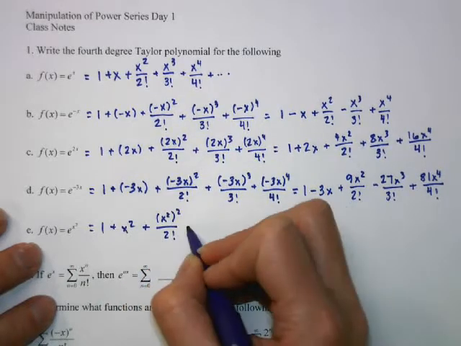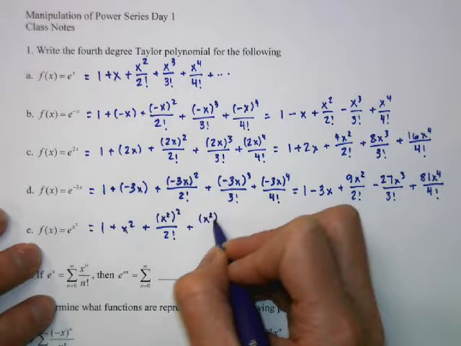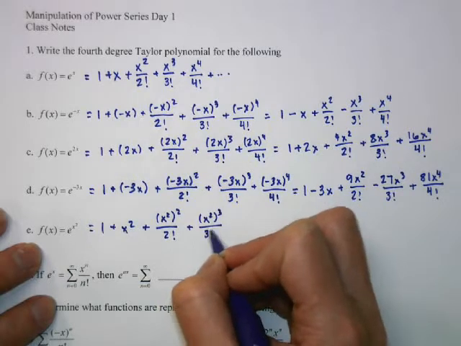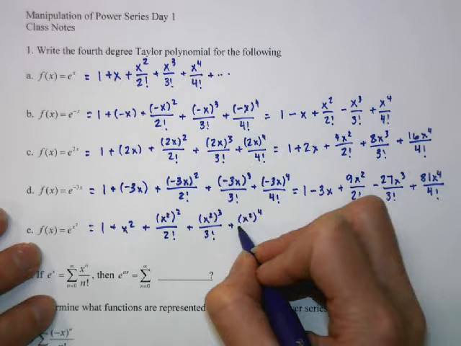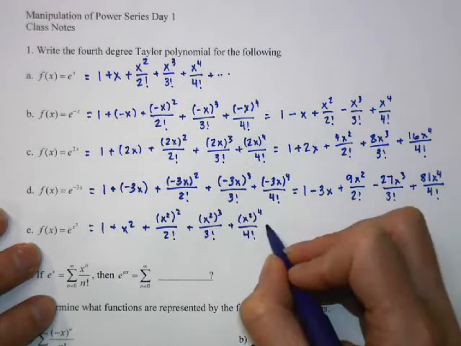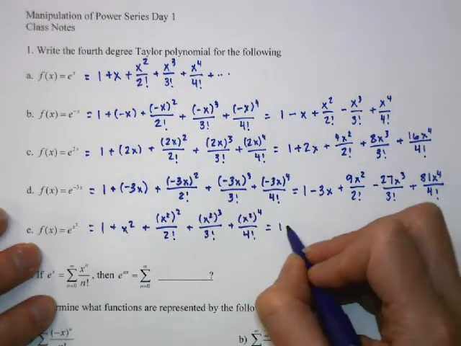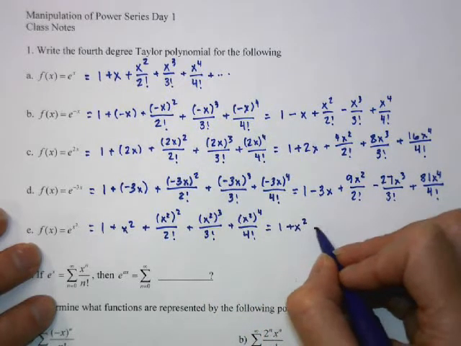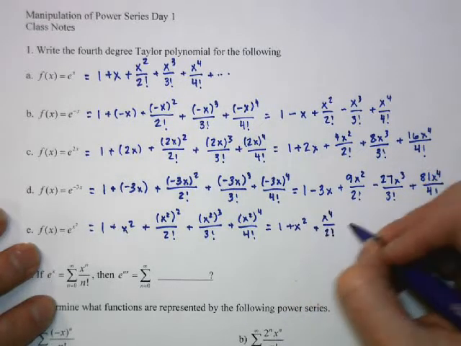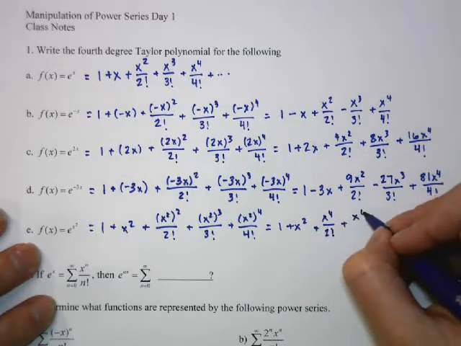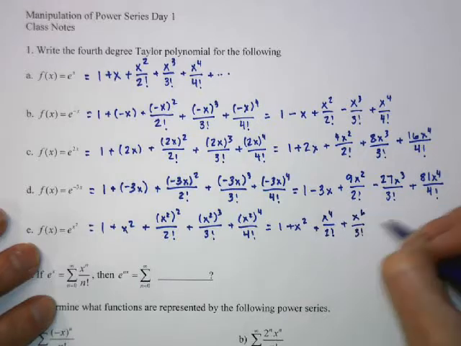So 1 plus x squared plus x to the fourth over 2 factorial plus x to the sixth over 3 factorial plus x to the eighth over 4 factorial.